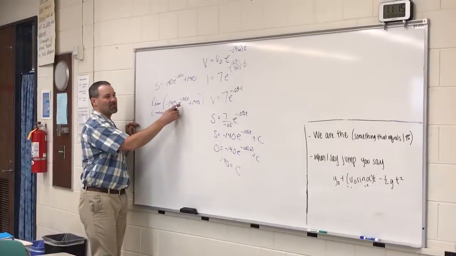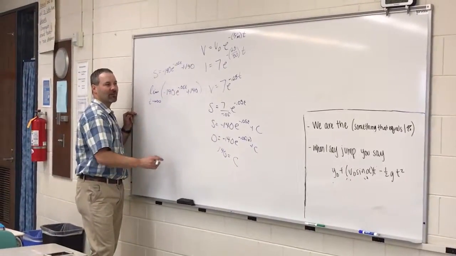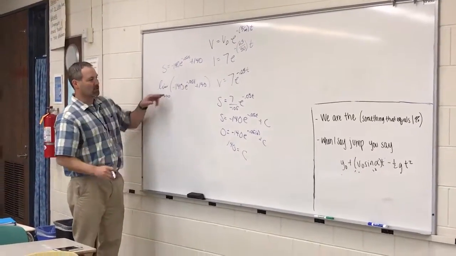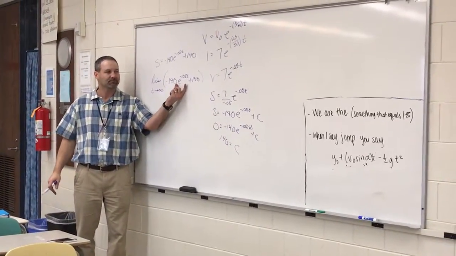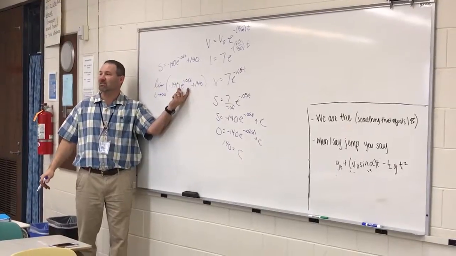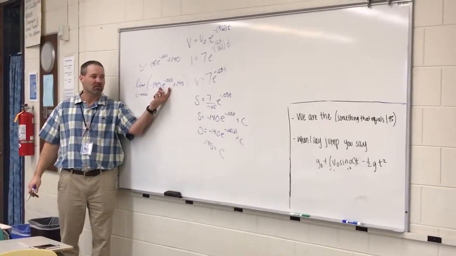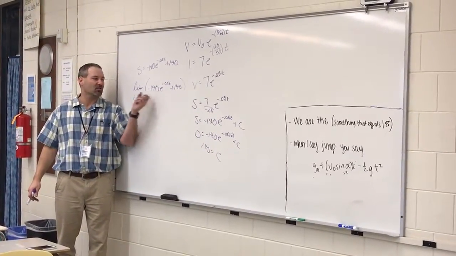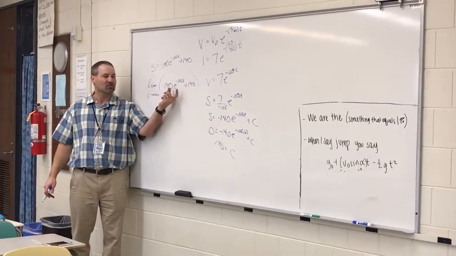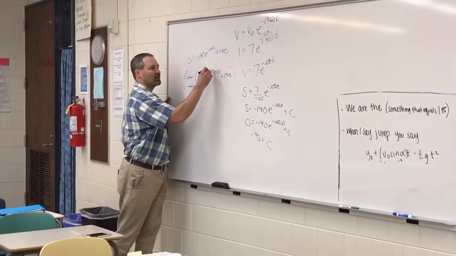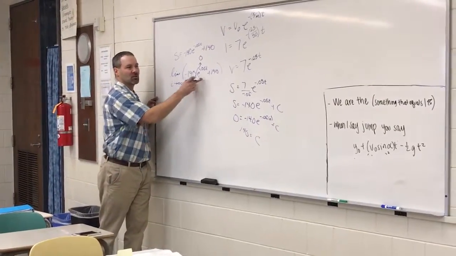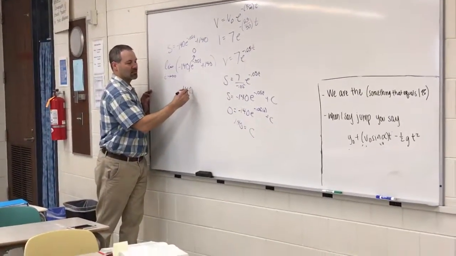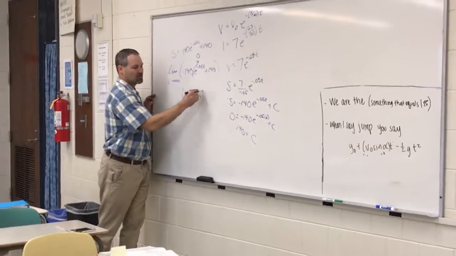What happens to e to the negative 0.05t as t goes to infinity? This is exponential decay, so it's going to go closer and closer to zero, so it actually becomes zero as t goes to infinity. So this whole quantity goes to zero. So 0 plus 140, we get 140 meters.